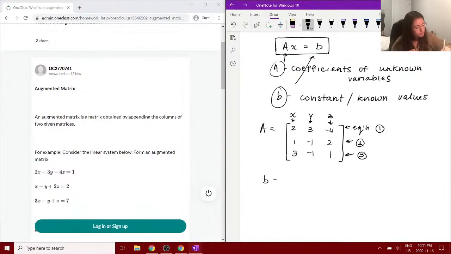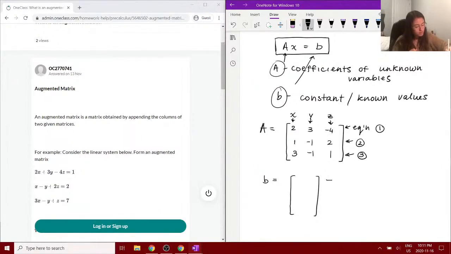So we can also compile matrix B, okay? Matrix B consists of the constants or known values from these equations that in this case are all found on the right-hand side of each equation. So this is a column vector, or a matrix with only one column.